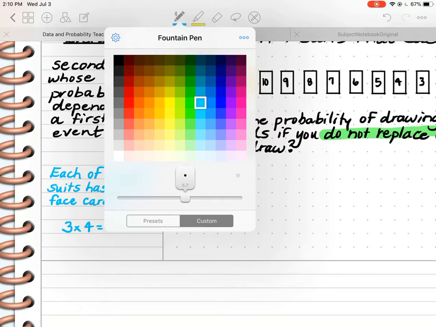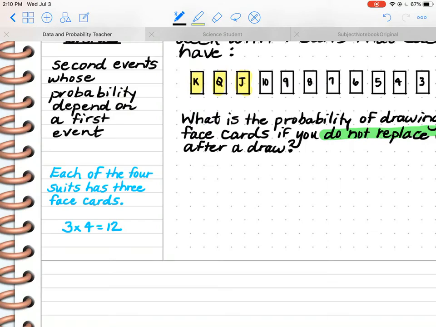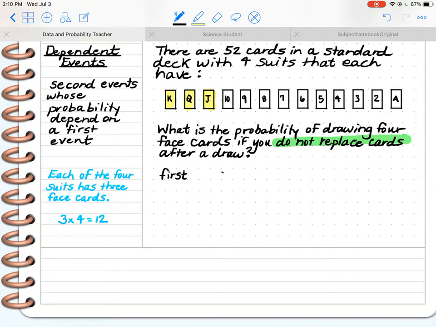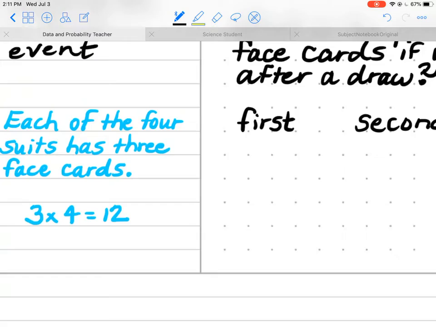So let's write it out, let's organize. The first draw, the second, the third, and the fourth. We're going to draw 4 cards. And then we have to rely on common sense here. So let's focus on the first one to start with.